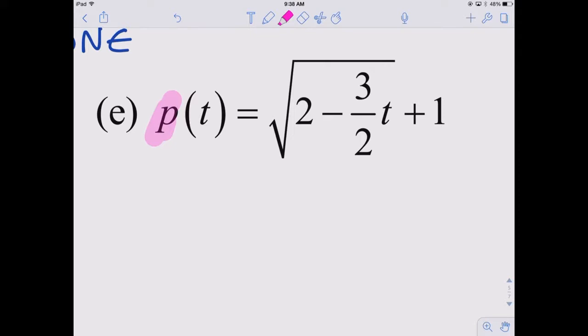When you factor out, you're dividing out. Feel free to go off to the side and do that. Stay, change, flip. Good. Now you got to factor out your negative 3/2 on the inside.